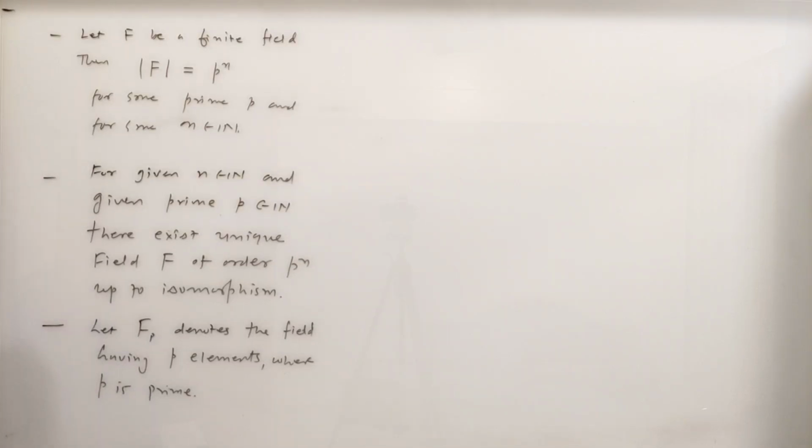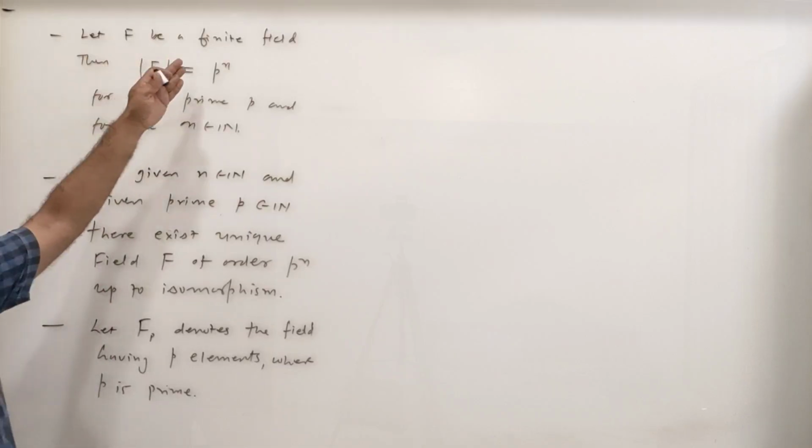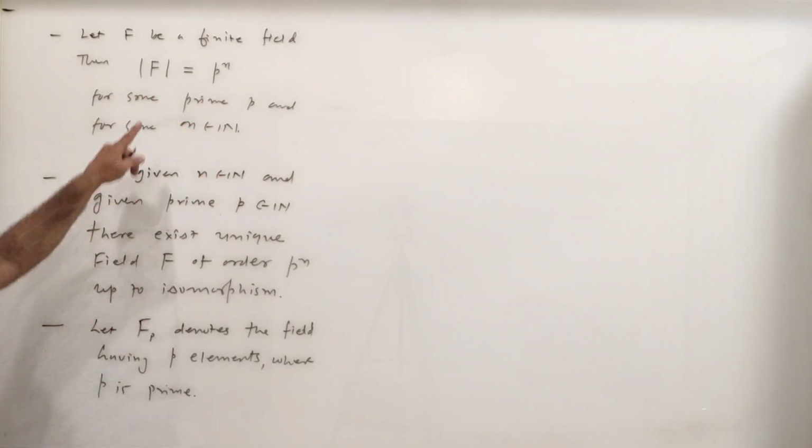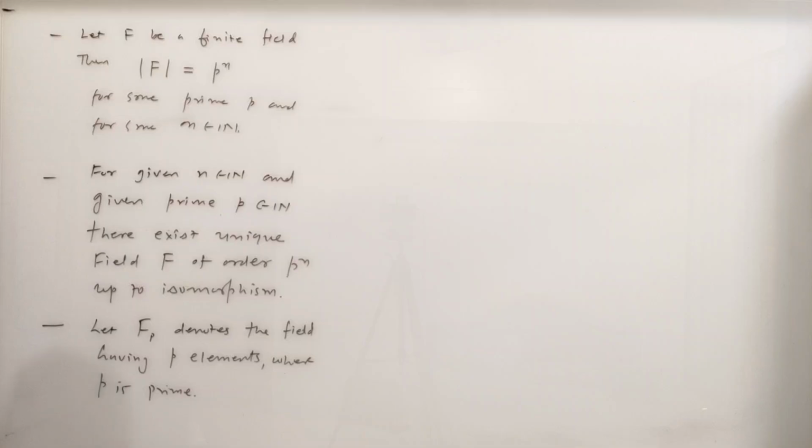Okay. And we have already this one fact that if F is any finite field, then the cardinality of F is p to the power n, and here in the particular case n is equal to 1.